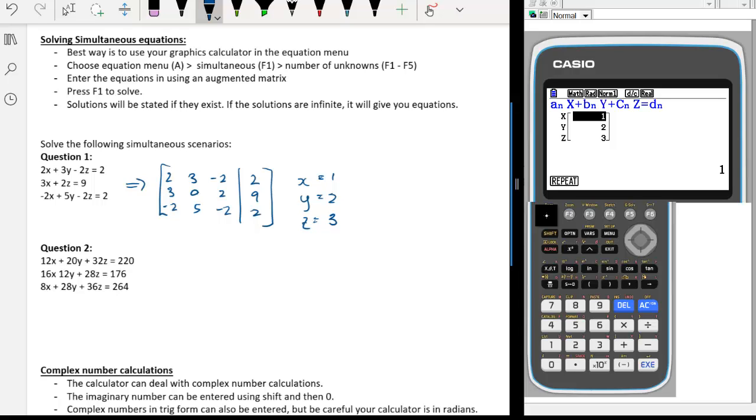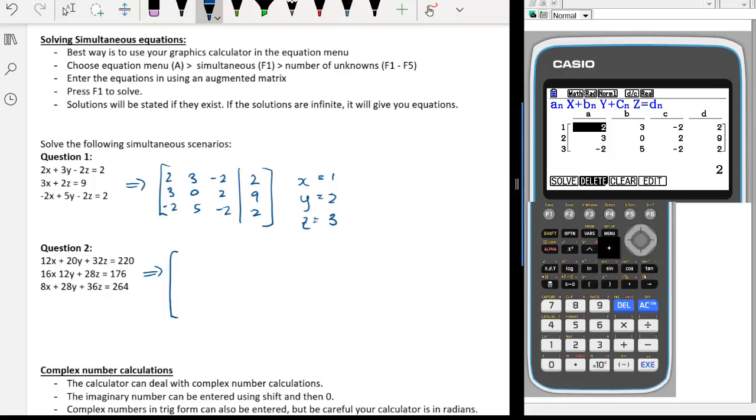Now, every time you're doing this in an exam, it would make sense to check your answer. So entering that in and being efficient and quick with it would be a very good skill to develop before the examination. Now, when we're looking at question 2, we've got different set of values, but this one is set up to give infinite answers.